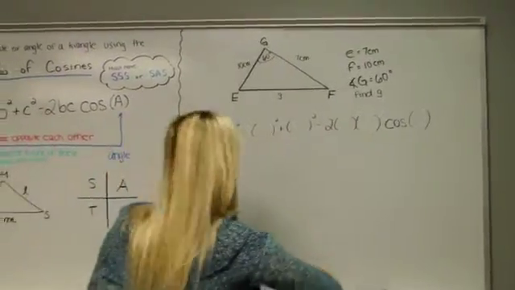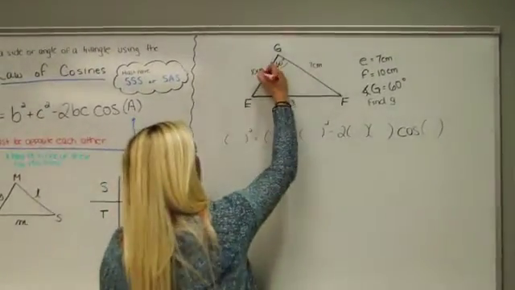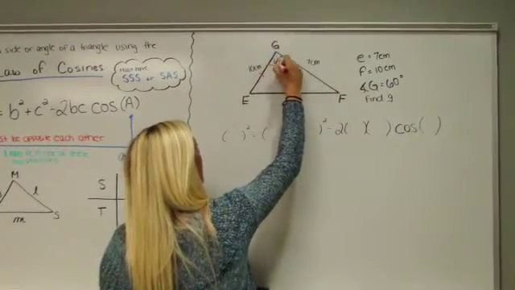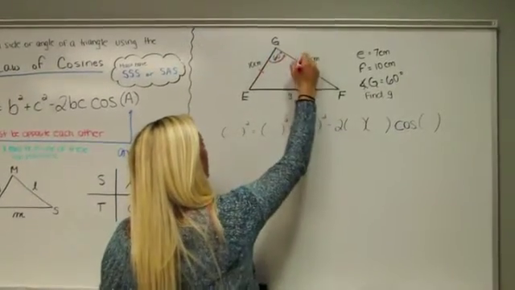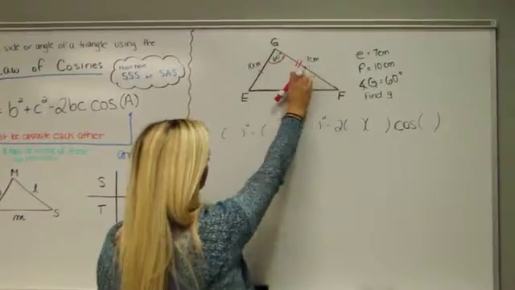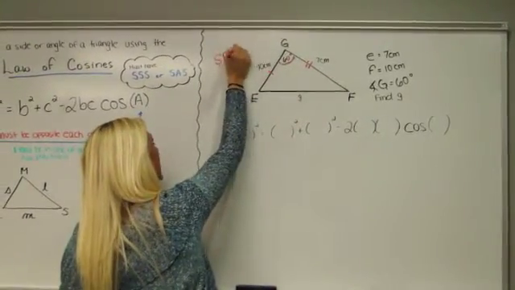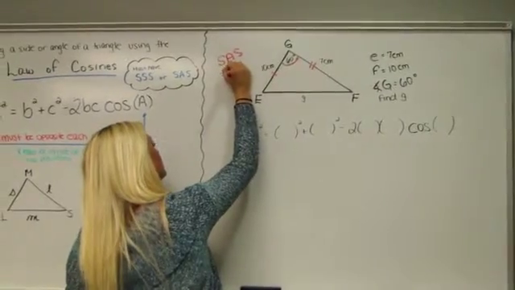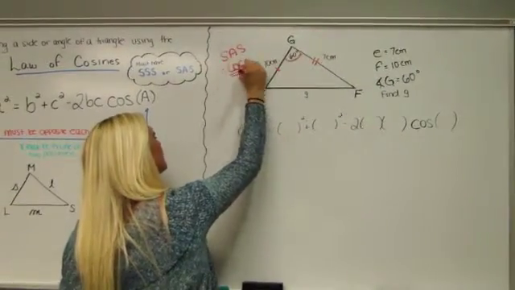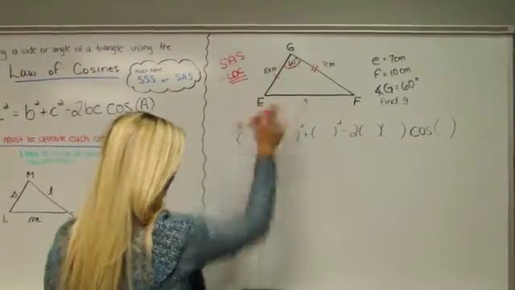Notice that we have a side value, an included angle, and its adjacent side. Because we have the side-angle-side pattern, we can use the law of cosines to find our side g.